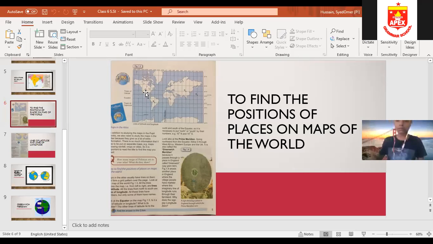Where is this A line? It is lying at 40° north. Just match it with this line. Above it is matching with 100° west. So whatever the place at A is, it is lying at 40° north and 100° west.